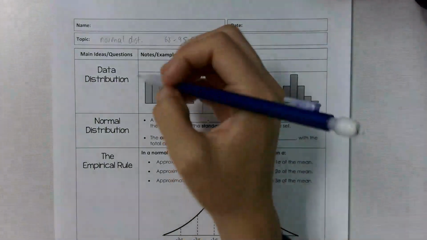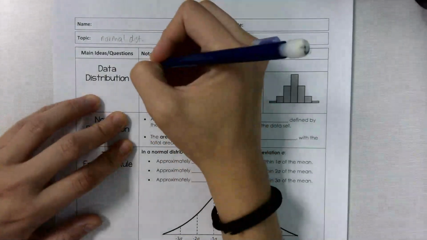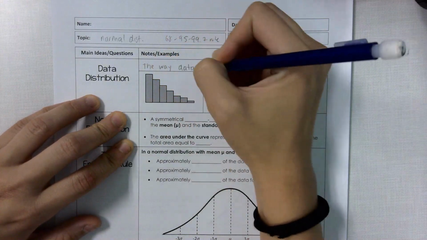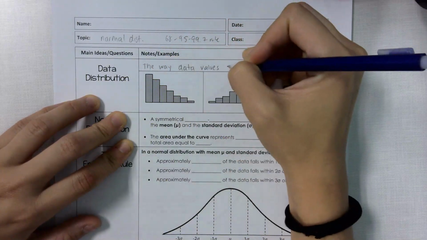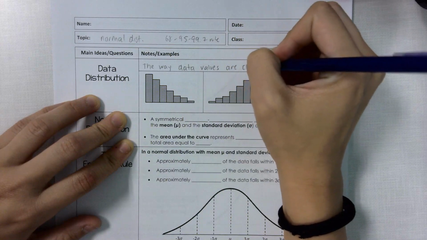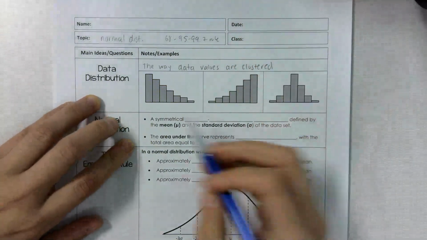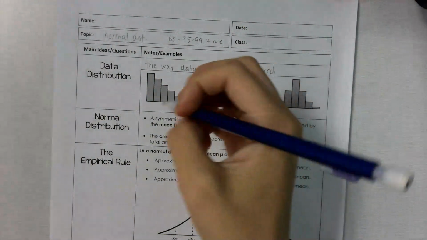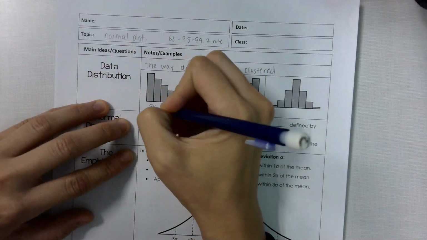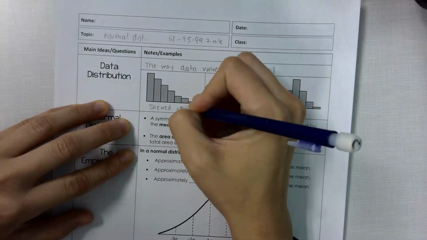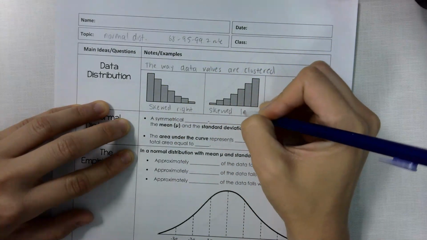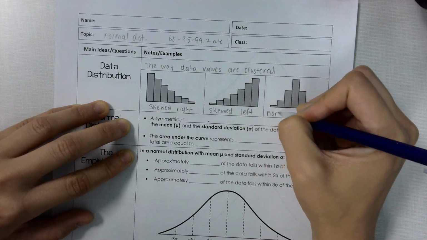Okay, so data distribution is the way data values are clustered. So if we look at these three data values, this is called skewed right, skewed left, and a normal distribution.